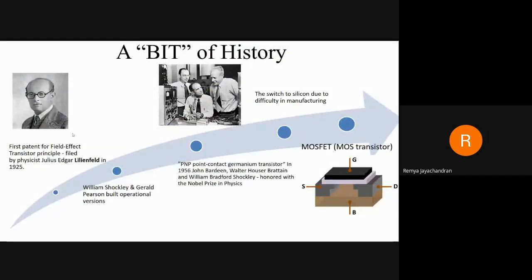The first patent for the field effect transistor principle was filed by physicist Julius Edgar Lilienfeld in 1925. And then William Shockley and Gerald Pearson built the operational versions. And in 1956, Bardeen, Walter Brattain, and William Shockley got the Nobel Prize in Physics for the invention of this PNP point contact germanium transistor.